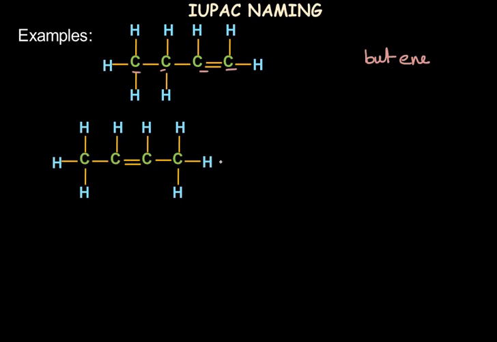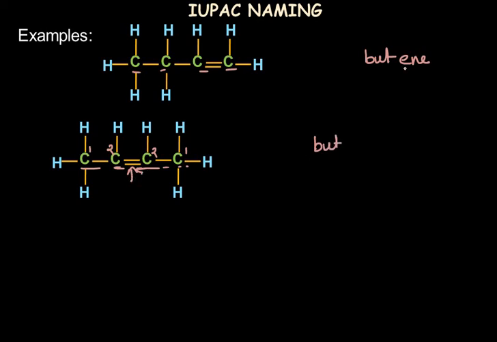Another example, similar, but now the double bond has shifted. Now count the carbon atom on which the double bond is present. So if we count from this side, the second carbon atom carries the double bond. If we count from the other side, again the second carbon atom carries the double bond. So here the longest chain has 4 carbon atoms, so but, and the double bond is on the second carbon atom.